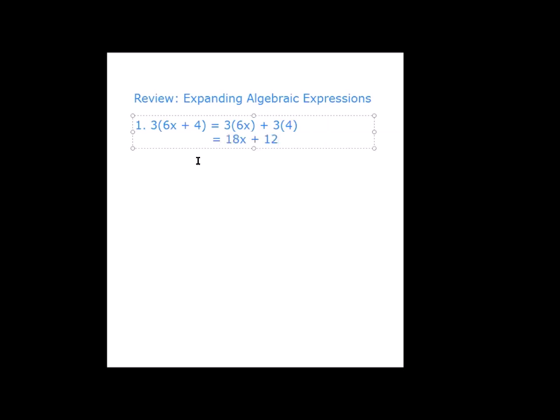Can we combine them? No, ma'am, because they are not like terms. Yes, okay then, because 18x has the variable x, however 12 doesn't have. So 3 multiplied by 6x plus 4 is equal to 18x plus 12. Okay, good job. I think you're ready for the next.